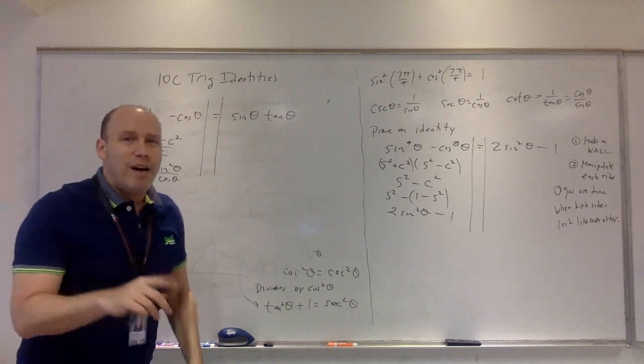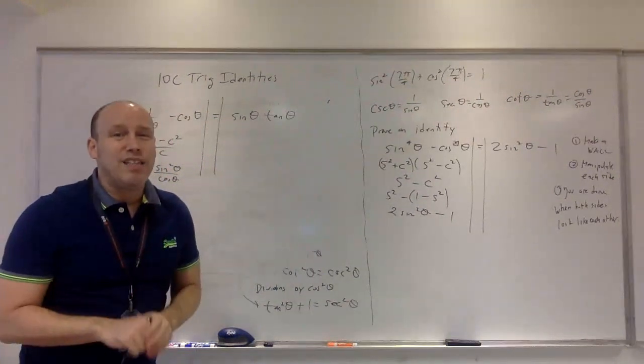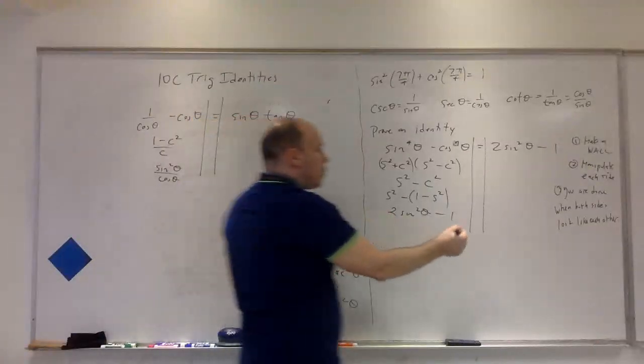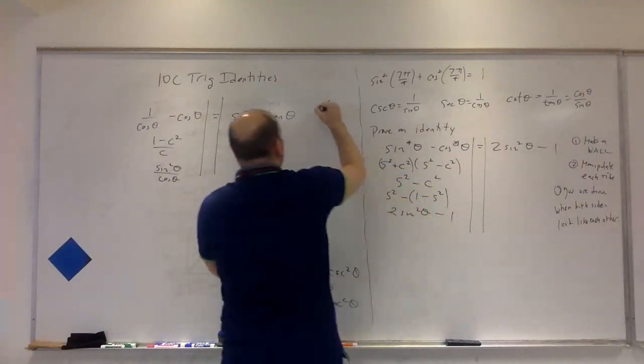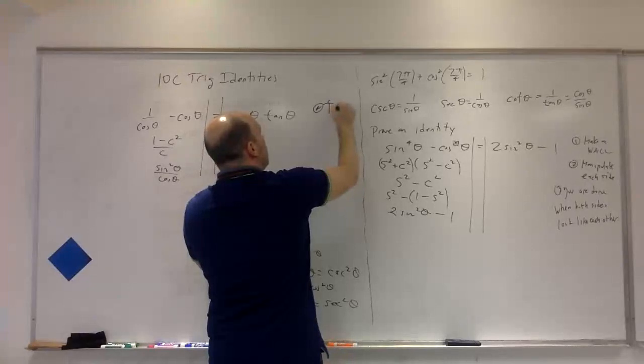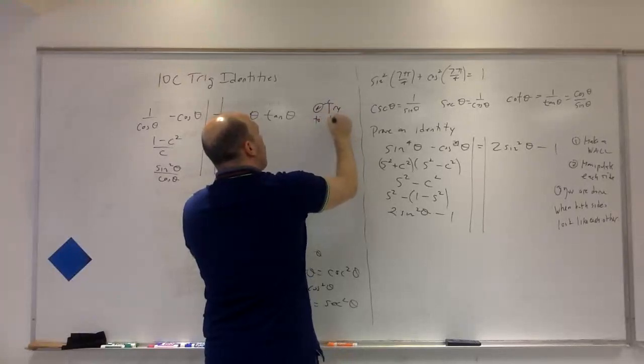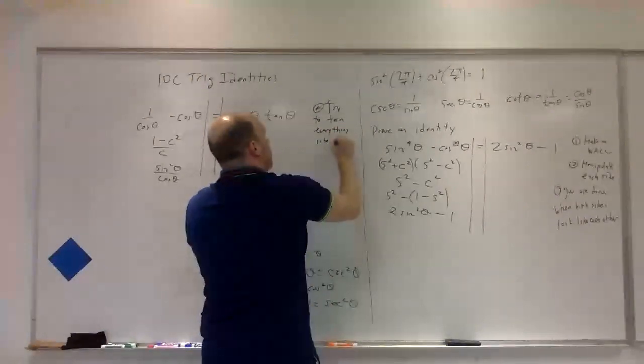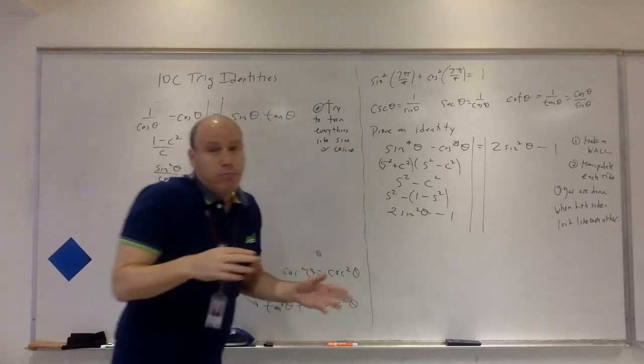Another trick of proving identities is first turn everything into sine or cosine. Here's another rule. Rule 4, try to turn everything into sine or cosine. That will help you.